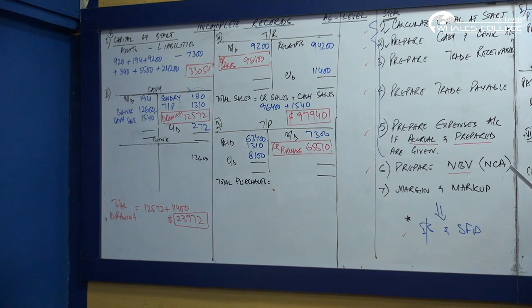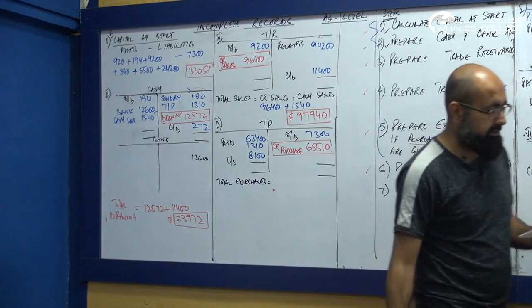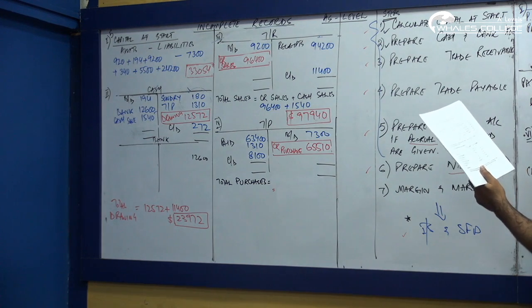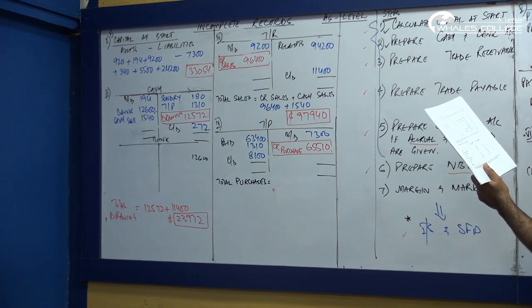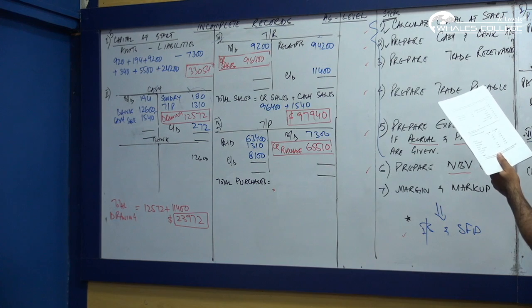We are at step number 5. We have insurance for prepaid 340 and 400.